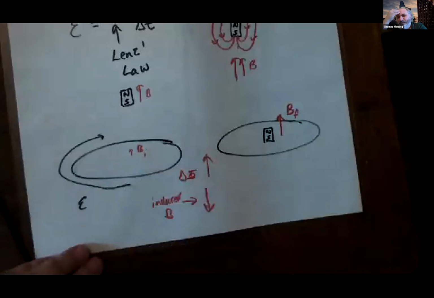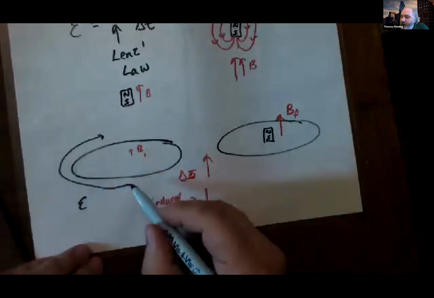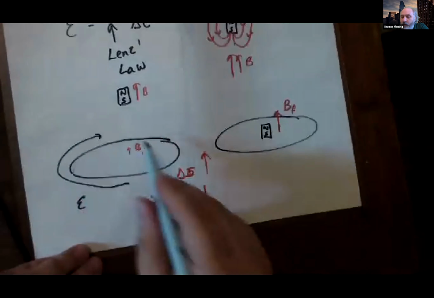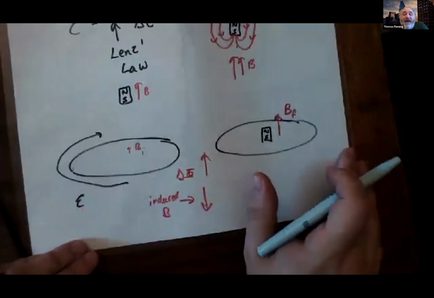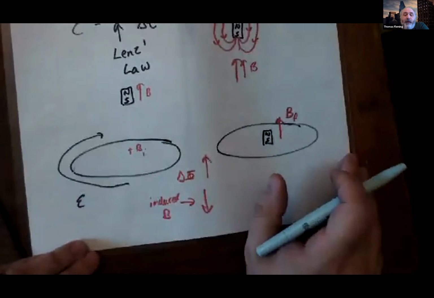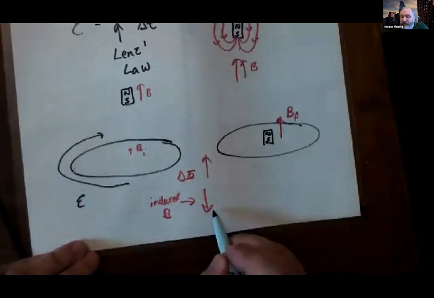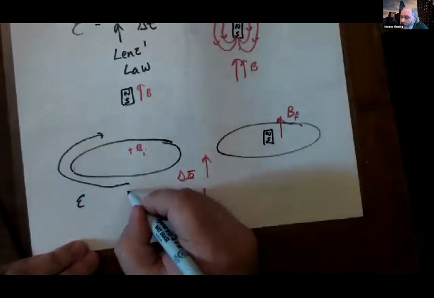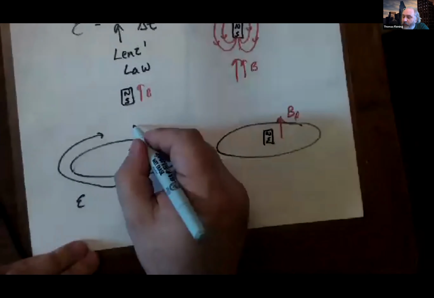But wait a second. Let's think about that in terms of like north and south poles for a second. By sending a current through that wire, the wire is kind of acting like a magnet. And if it's creating a magnetic field that is downward, then that's like having a magnet whose north pole is on the bottom and whose south pole is on the top.